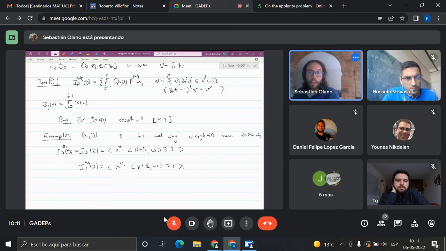And now the result of Saito goes deeper. It's not only that we can say I0, we can also say all of the IPs by a formula. For instance, if you want I1, there will be a piece that comes from monomials such that this dot product is larger or equal than 2.